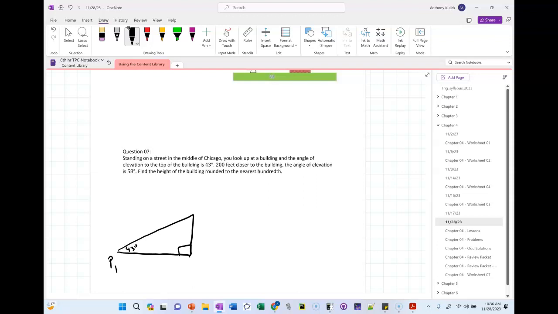200 feet closer to the building, I'll call that position 2. I'll call that T for top and B for base. The angle of elevation is now 58 degrees. And we're asked then to find the height of the building.